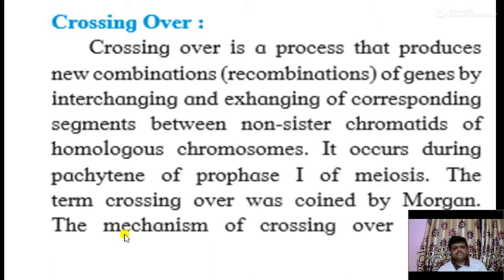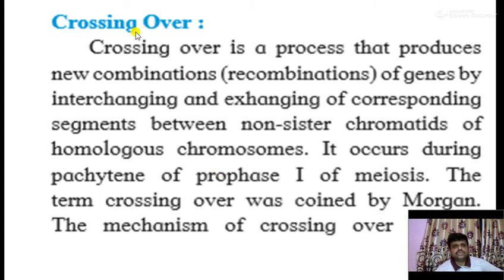The mechanism of crossing over takes place, as I said earlier, during meiosis first, in prophase 1, and this prophase 1 involves different subphases again: leptotene, zygotene, pachytene, diplotene, and diakinesis.